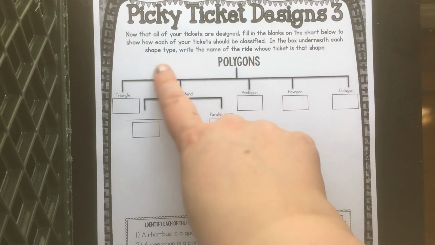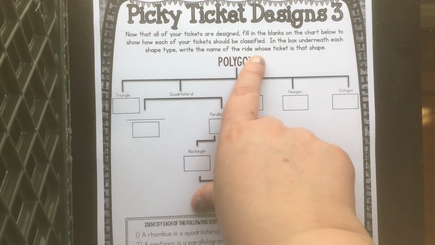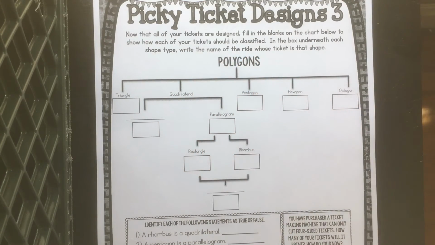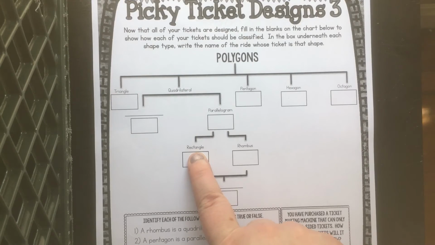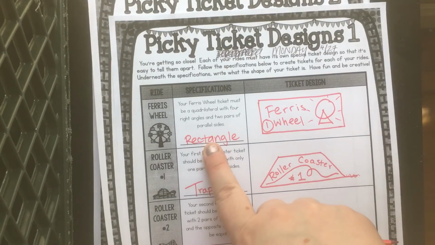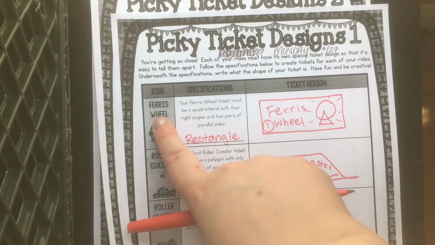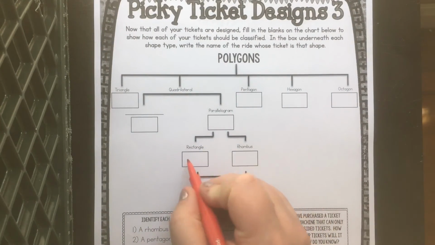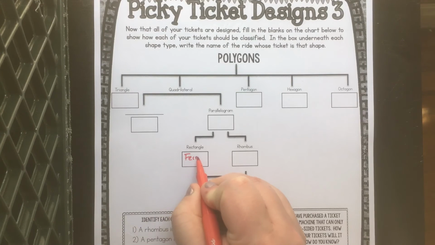In the box underneath each shape, write the name of the ride whose ticket is that shape. All right, so we did the rectangle, right? That was the first one we've done. So what ride was the rectangle? It was the Ferris wheel. So then you would write in Ferris wheel.